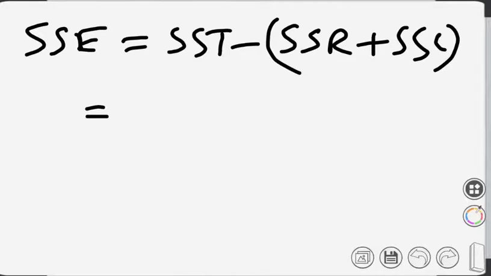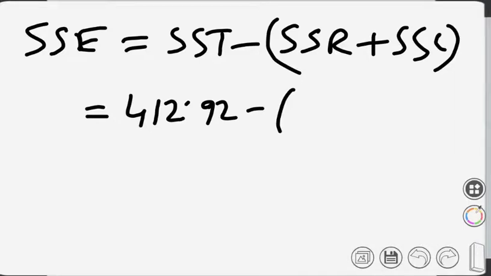Was it SST or TSS? I don't remember what I wrote. Total sum of squares, that's what I mean. SST is 412.92. So 412.92 minus SSR.